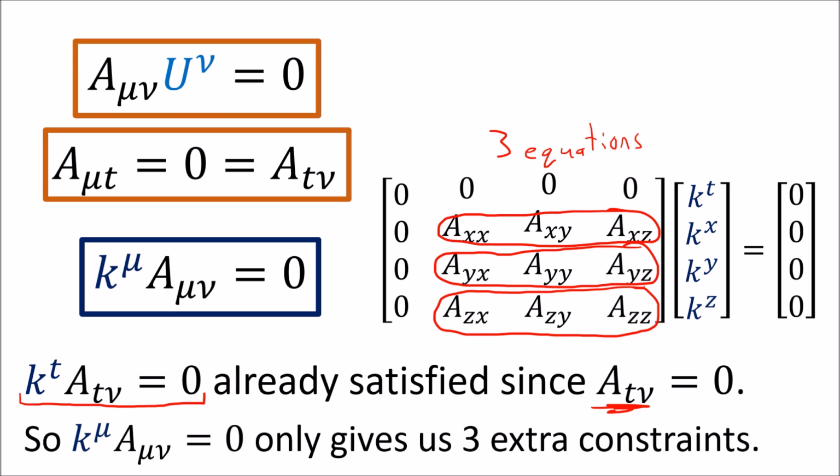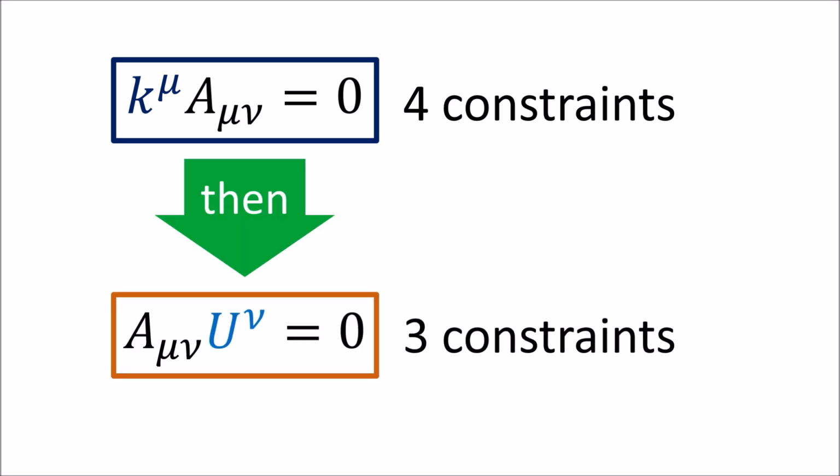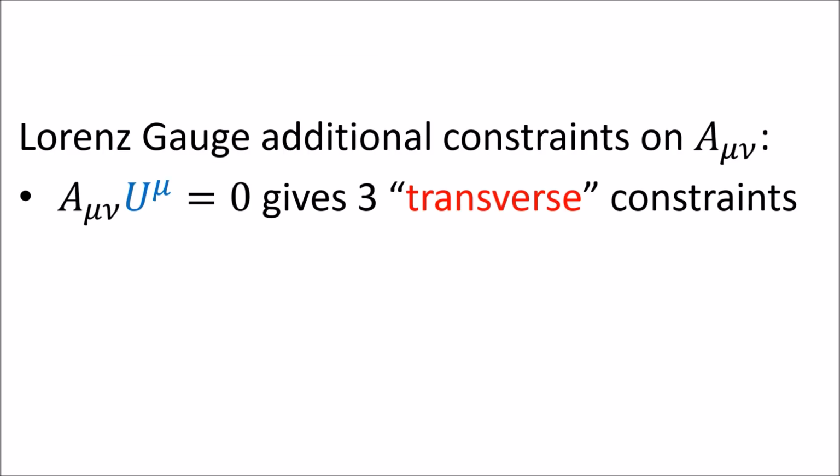So this equation now only gives us 3 new constraints instead of 4. And the reverse is true as well. If we start with the wave vector equation and get 4 constraints, then the 4-velocity equation will only give us 3 new constraints. So in the Lorenz gauge, the transverse condition, which requires that gravitational wave oscillations be orthogonal to a 4-velocity vector, only gives us 3 new constraints.